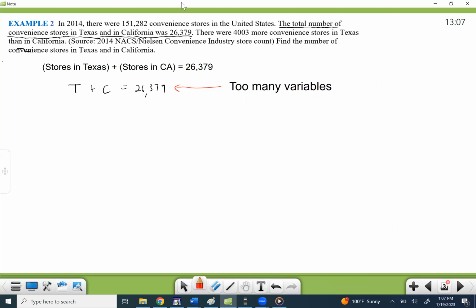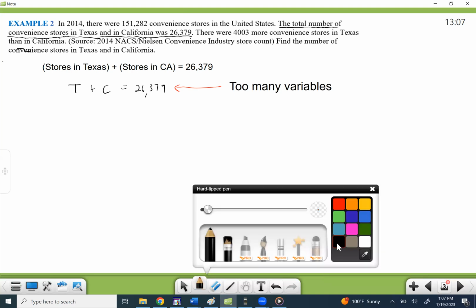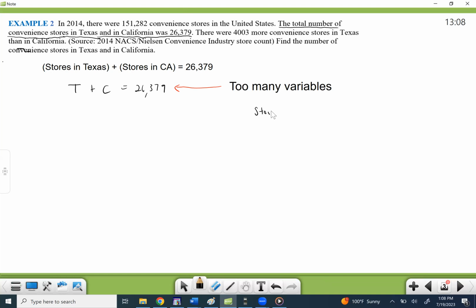Well, let's keep reading. There were 4,003 more convenience stores in Texas than in California. So here's what I'm thinking. The stores in Texas has to be the stores in California plus, it says there's 4,003 more in Texas, so plus 4,003.